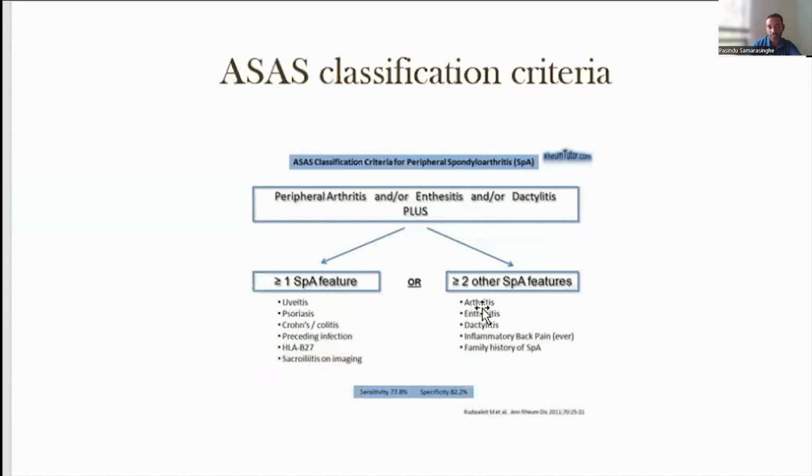These are arthritis, enthesitis, dactylitis, inflammatory back pain, and family history of spondyloarthritis. So these are more specific features. In this group, you have to have at least 2. The sensitivity of these classification criteria is 77%, and specificity is 82%.